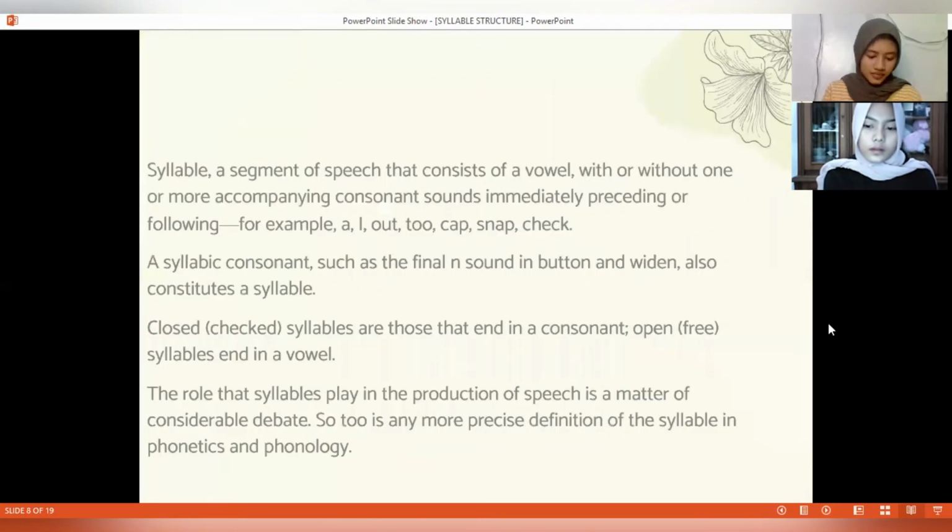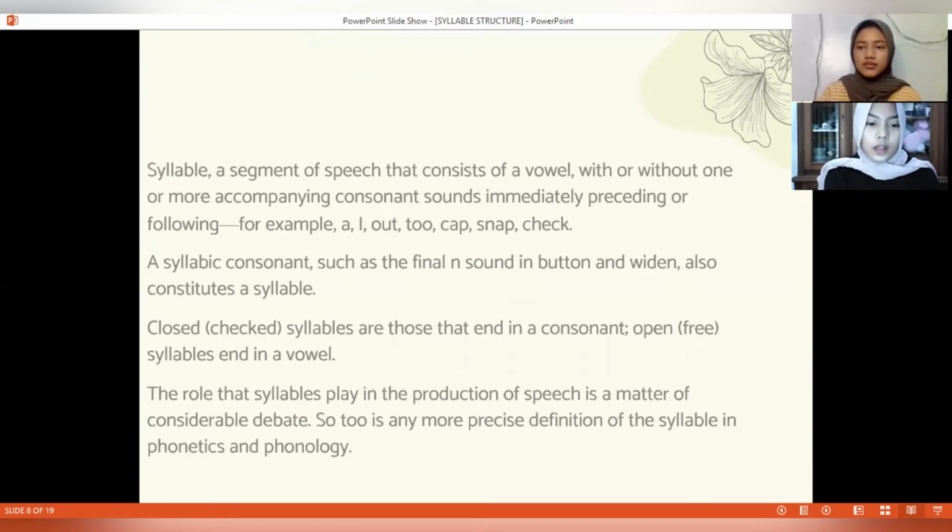Next. A syllable is a segment of speech that consists of a vowel with or without one or more accompanying consonant sounds immediately preceding or following. For example, a, I, out, to, step, snap, chick. A syllabic consonant, such as the final n sound in button and widen, also constitutes a syllable.